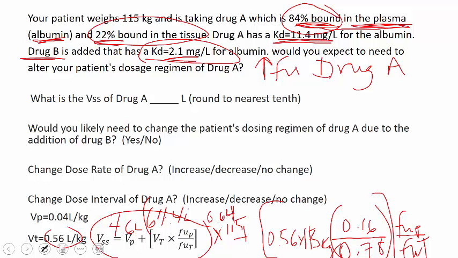So I got a VSS of 17.8. It was 17.81, so rounding to the nearest tenth is going to be 17.8 liters.